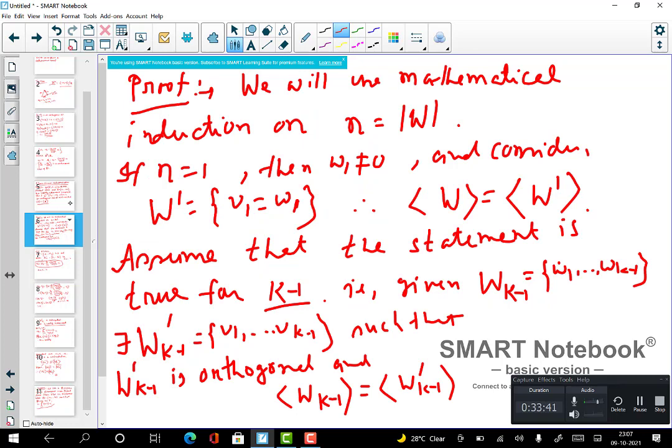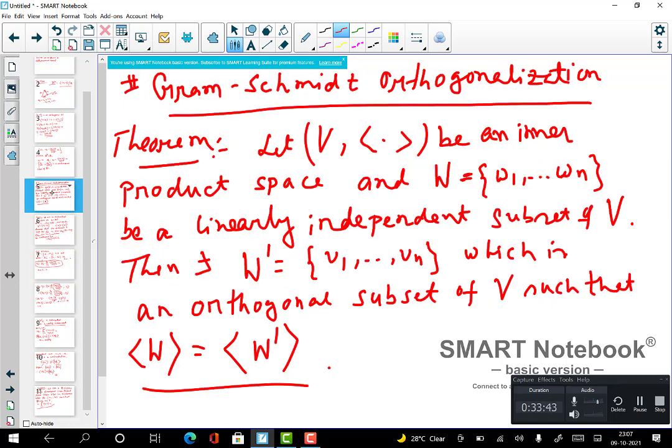The resultant set may not be orthonormal, so you just divide every vector by its norm, and then it becomes an orthonormal basis.